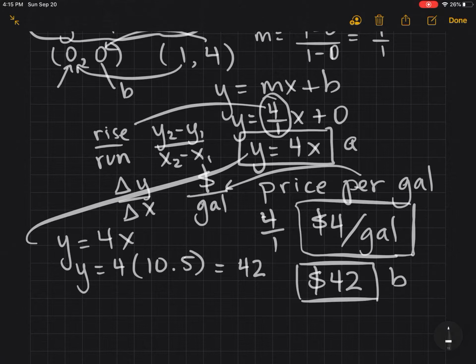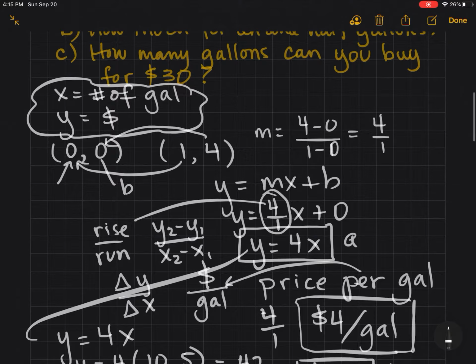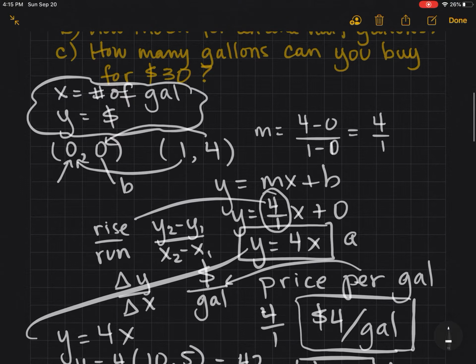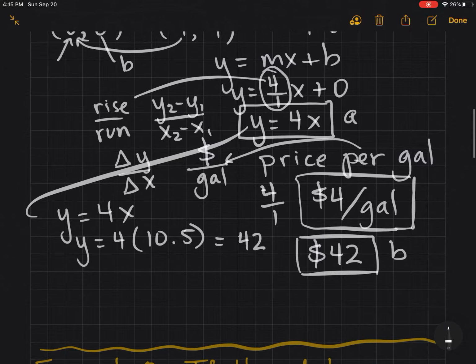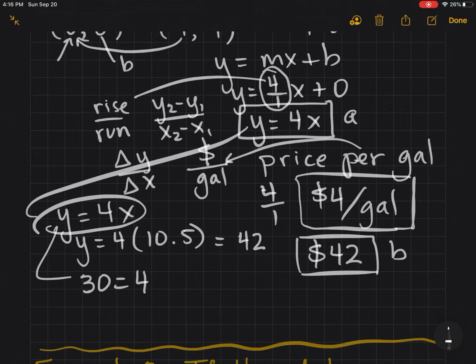Part C says, how many gallons can you buy for $30? How many gallons for $30? Well, if we use this same model, we realize that the 30 goes in for y, and now we're solving for the number of gallons. And so we can make quick calculator work of that and see that goes in 7.5 times.